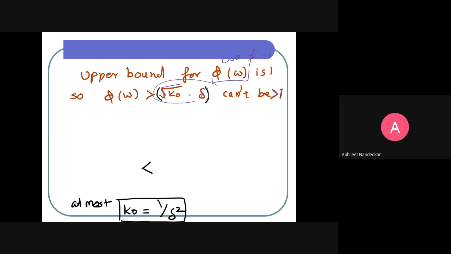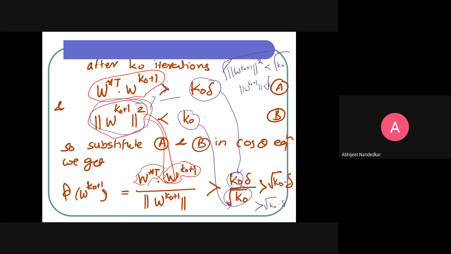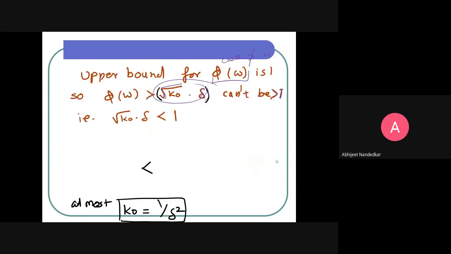So this term cannot be greater than 1. Okay, so this term is always or at the most equal to 1. This cannot be greater than 1. So that is our cos of theta. So that means square root of k0 into delta is always less than 1 or at the most equal to 1.